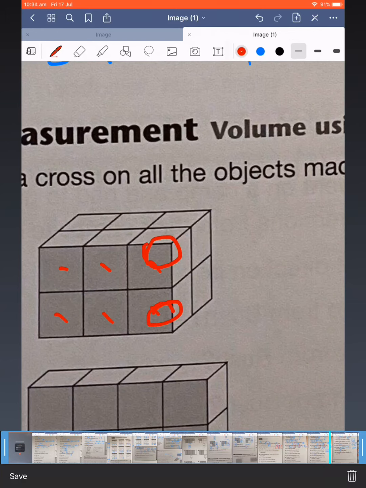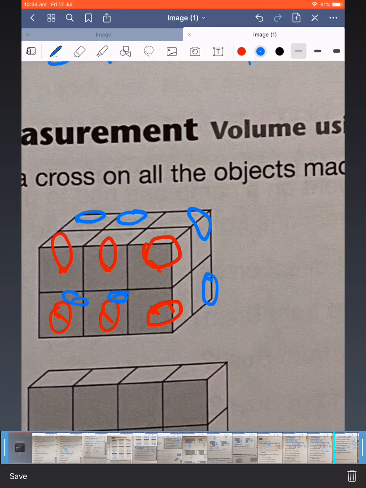So there's 6 there. I'm going to have a look at the back row. This is another cube there, another cube there, another cube there, another cube there. But we need to remember that if I was to turn it around, we'd actually see a cube just behind this cube and just behind this cube. So we can't forget those cubes.